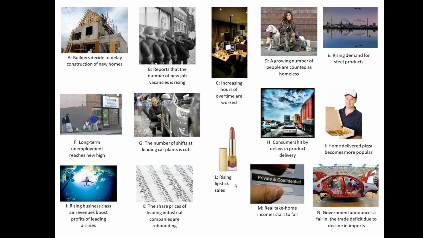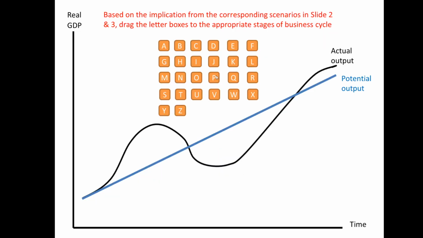When you're doing it, you need to think about this. Let's say here L, when you see rising lipstick sales, what makes it happen? You need to think more about what makes it happen, and then you'll be able to put that L somewhere along your business cycle. So this is the homework.